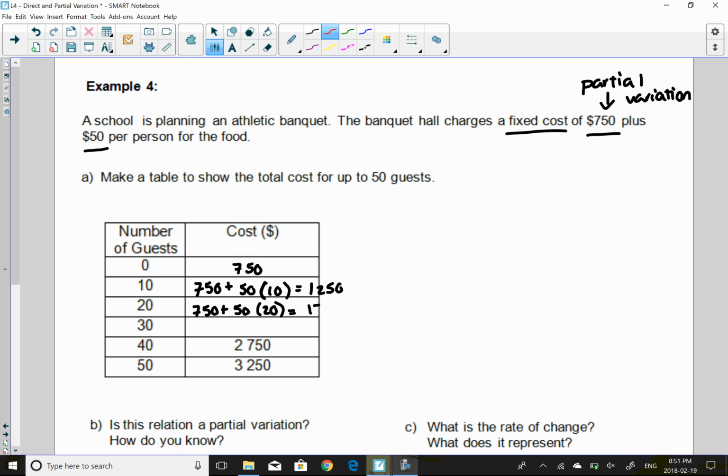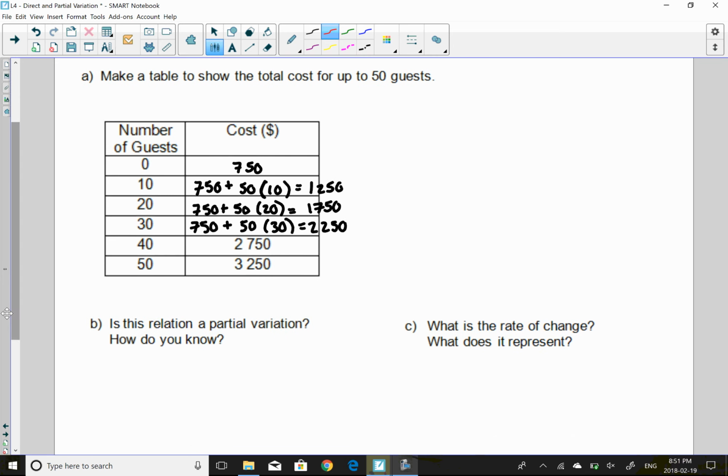Get 1750. Then I would do 30 times 50 plus the 750, and so on. I know it's partial variation because there's a fixed cost, as we said. Even when it's 0 guests, there's a cost, so this tells us there's a partial variation.